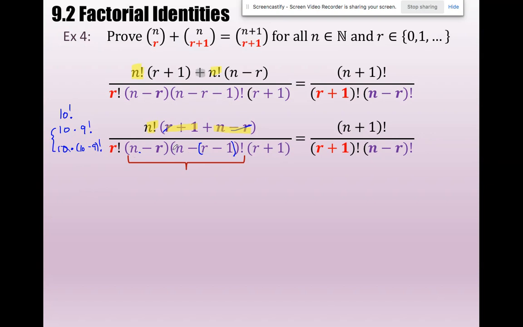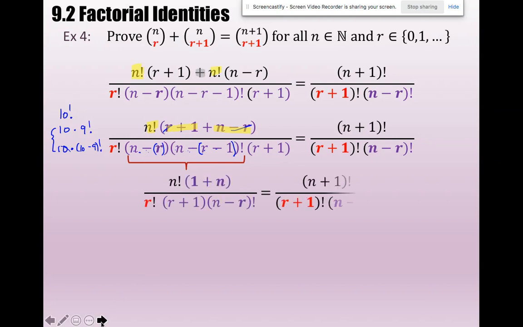So look what I have here. 10 minus r, and then 10 minus r minus 1. So I still have my r factorial. I still have my r plus 1.